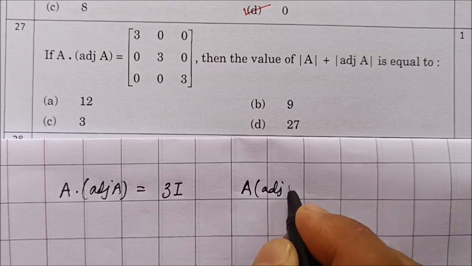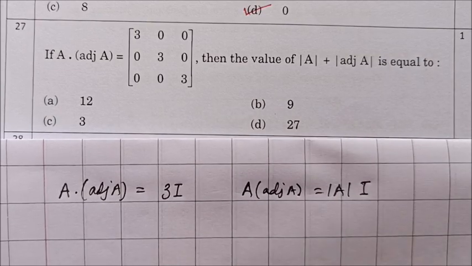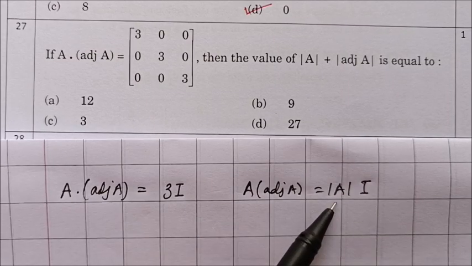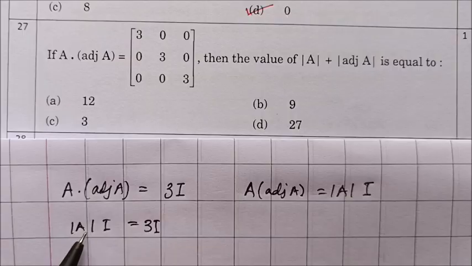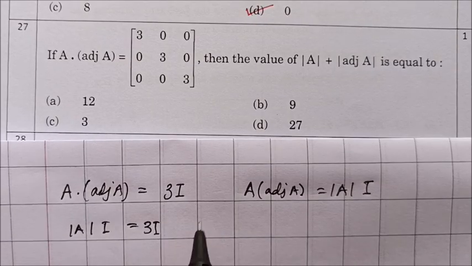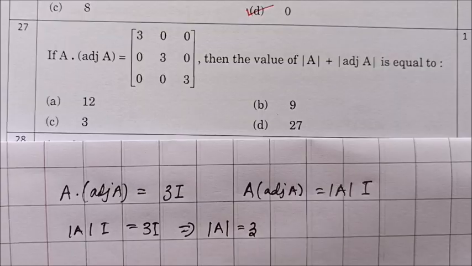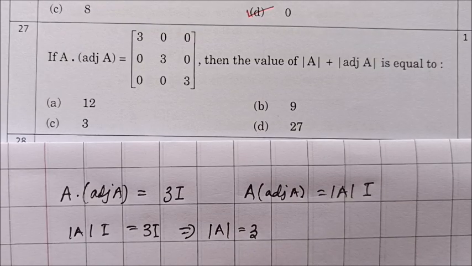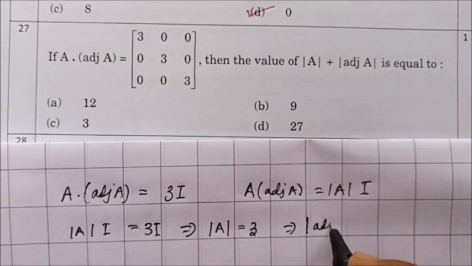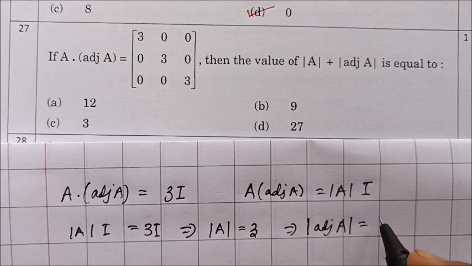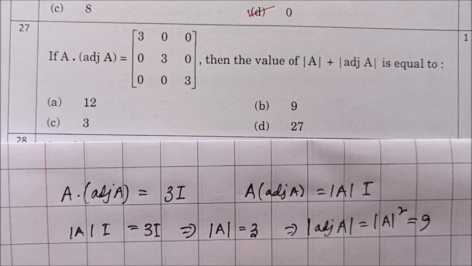A into adjoint of A is equal to determinant of A into I. So we can write determinant of A into I equal to 3I, and this will imply determinant of A is equal to 3. And if determinant of A is equal to 3, that means determinant of adjoint of A, we know that this will be A square, which is equal to 9.